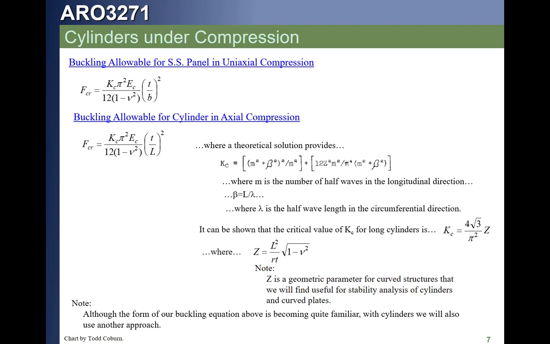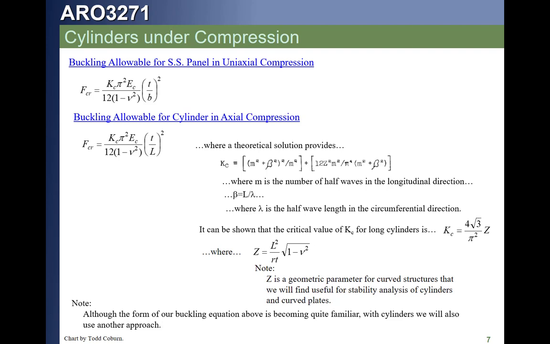If we were to go and do a theoretical solution of our buckling equation of the cylinder, we would find k_c is equal to this polynomial shown here to the right, where beta is our half wavelength. We're actually not going to use that. We would find that k_c is a function of a number of parameters, and so we would use this Z parameter to evaluate what kind of buckling we have.